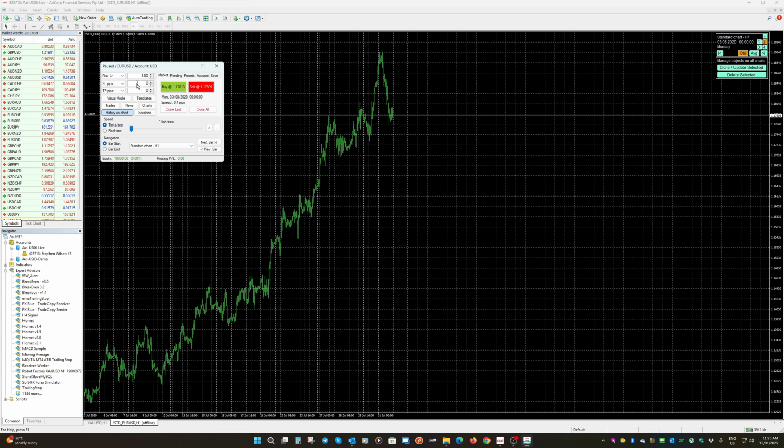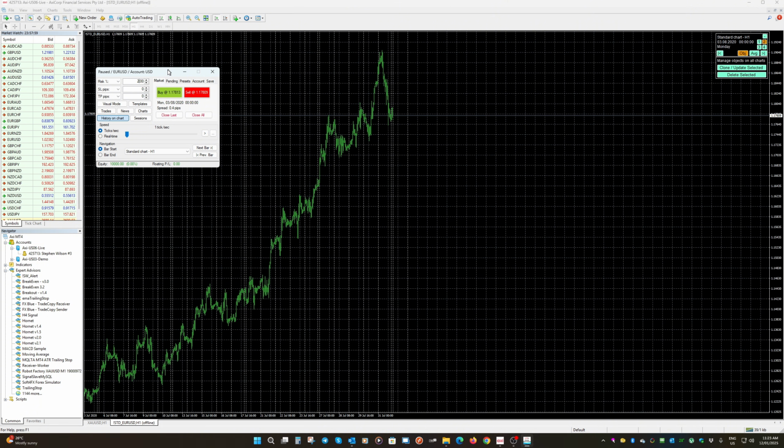And risk percent, last time I did this test I used a 1% risk. I'm going to do this time with a 2% risk, and that means we're going to either lose 2% or win 3% on each trade, and hoping that this will actually speed up the process of our prop firm challenge.